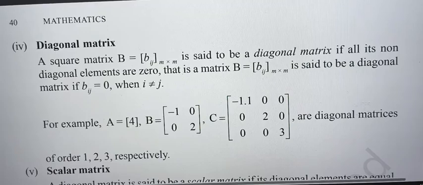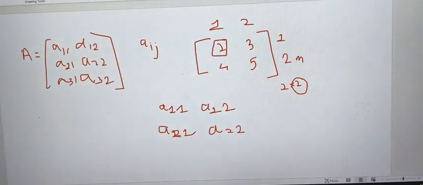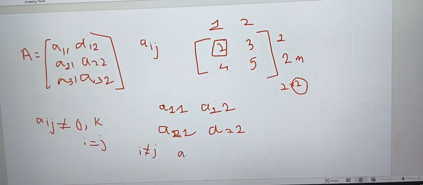You can think of it in this manner: aij will be some non-zero number k when i is equal to j. But if i is not equal to j, then the element will be equal to 0.